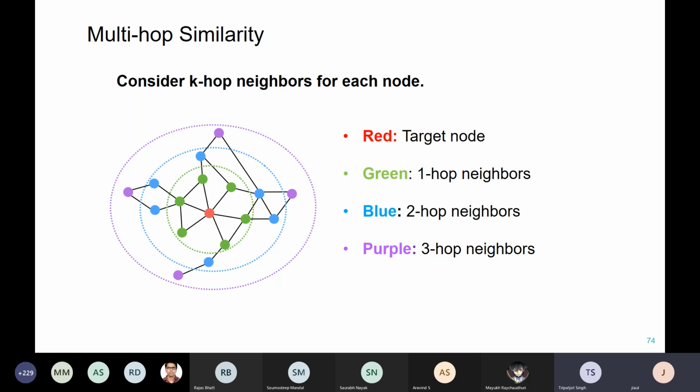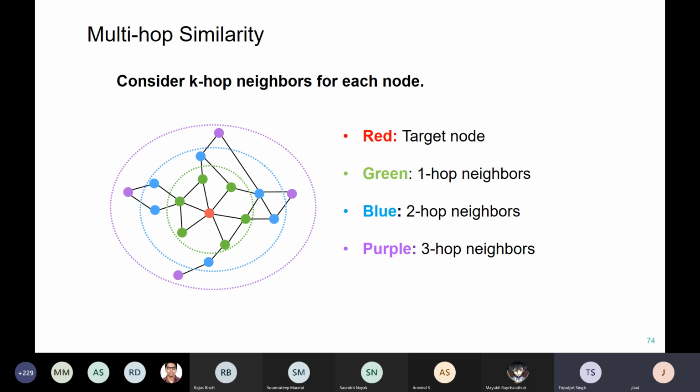So all we have to do, instead of only using the immediate neighbors in the loss function that we have seen, is use all these nodes: 1 hop, 2 hop, 3 hop, depending on what the hop length is for you. By increasing this hop length, you can take more nodes. Of course, there will be other problems as well.